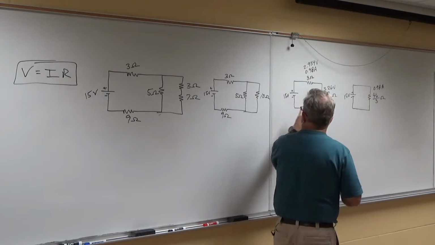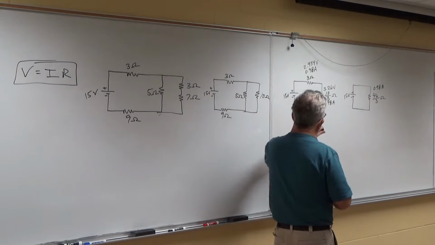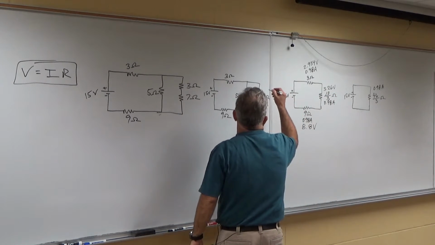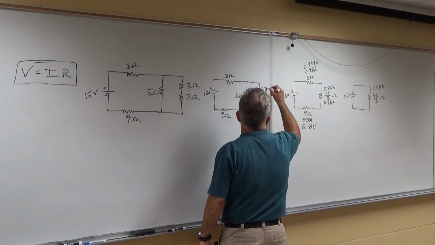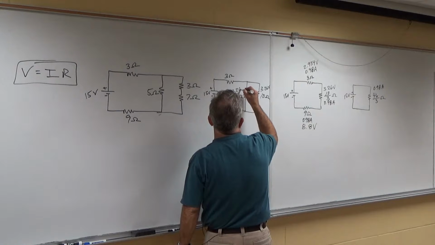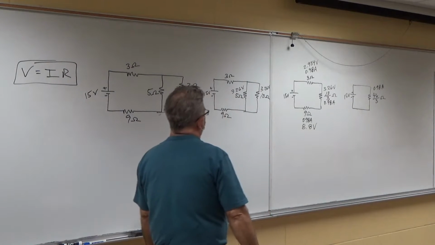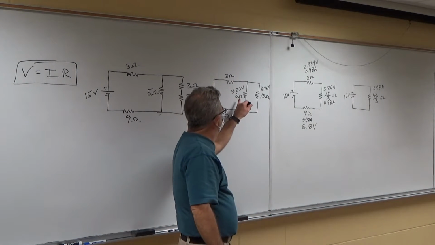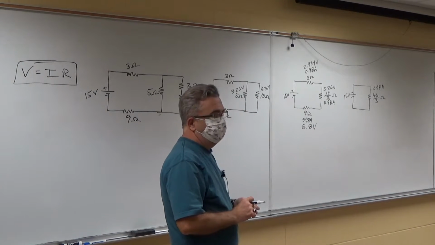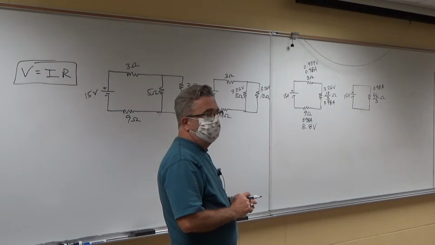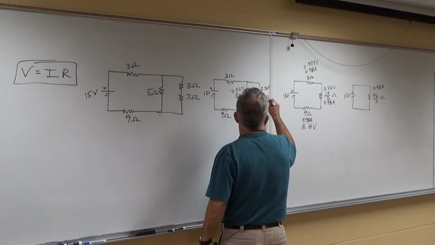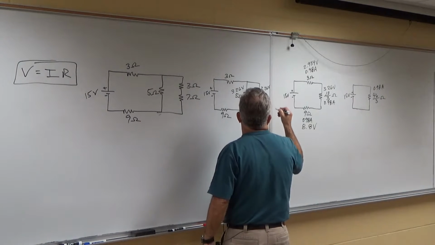Now, this came from a parallel connection. Resistors in parallel have equal voltage, so this one has 3.26 volts, and this one has 3.26 volts. I know the voltage, I know the resistance, I can figure out the current in each one of these. So this one is 0.326 amps.